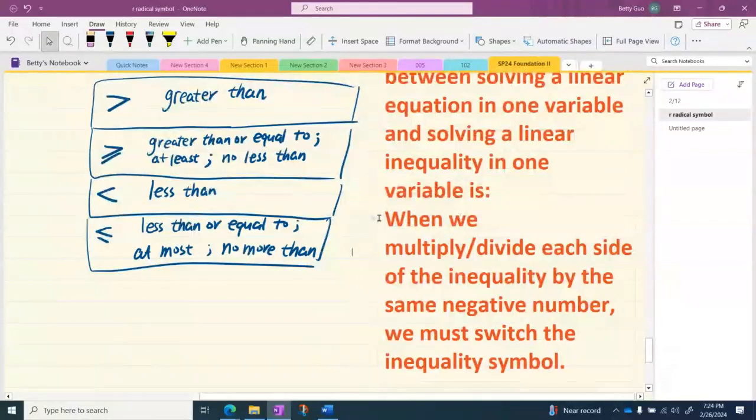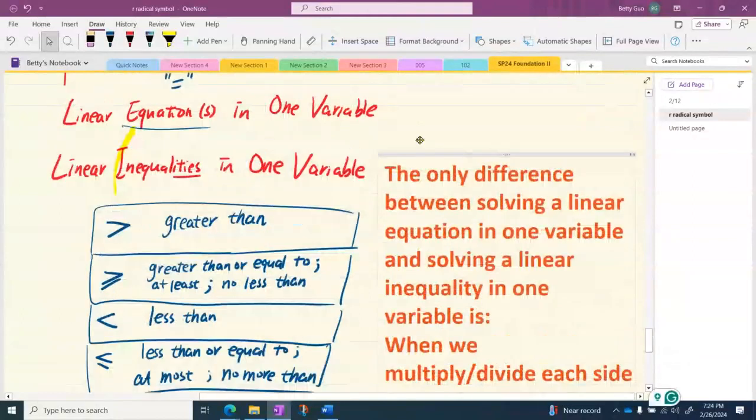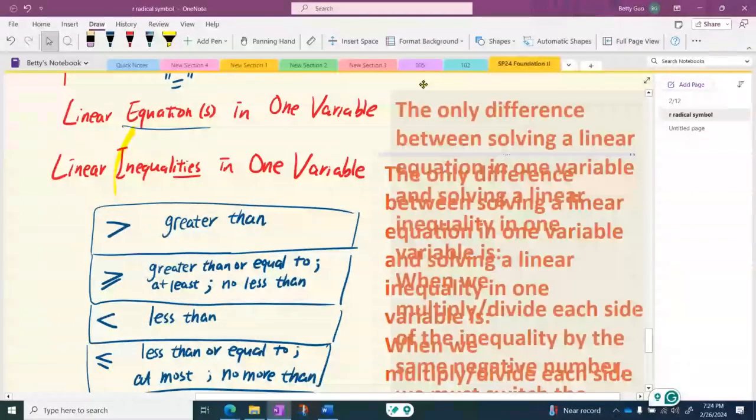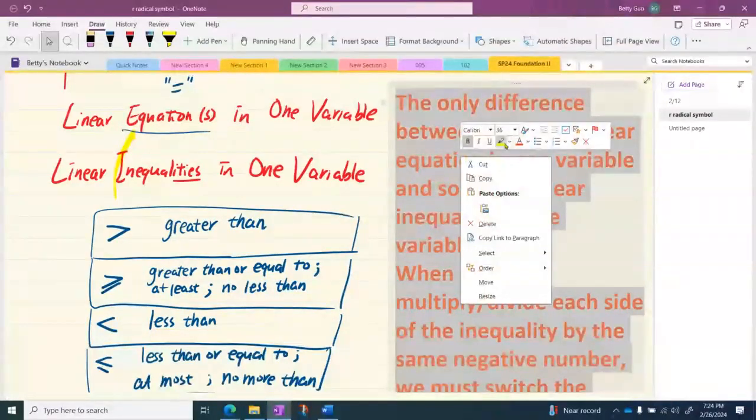And let me know after you copy it. Too big.